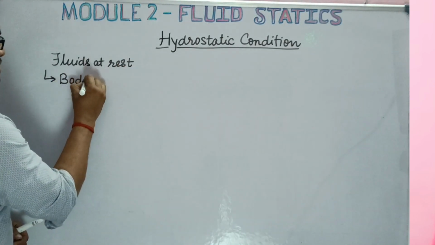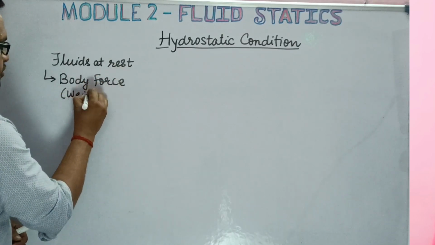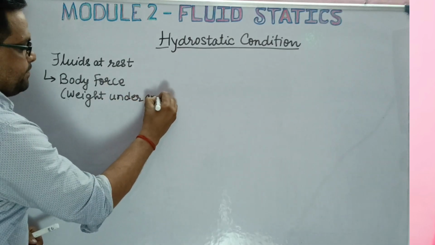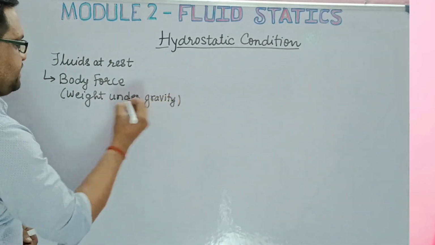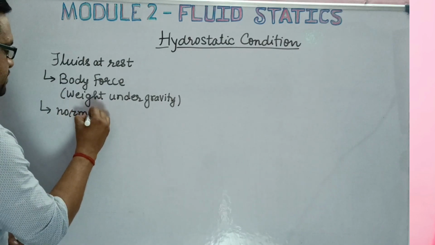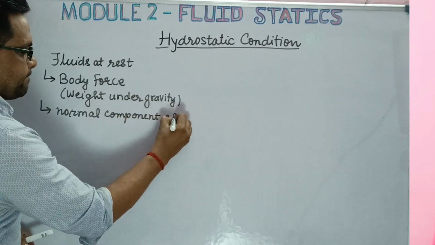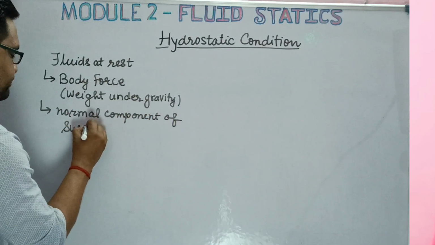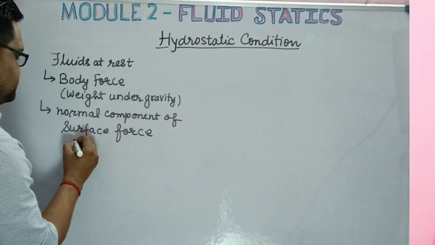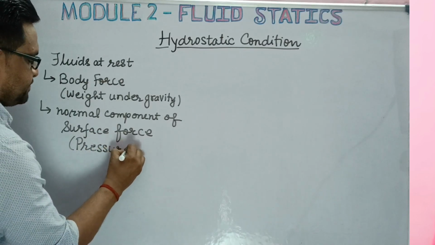First is the body force, or the weight of the fluid under the action of gravity, and the second was the normal component of surface force, which is termed as pressure in case of fluids.